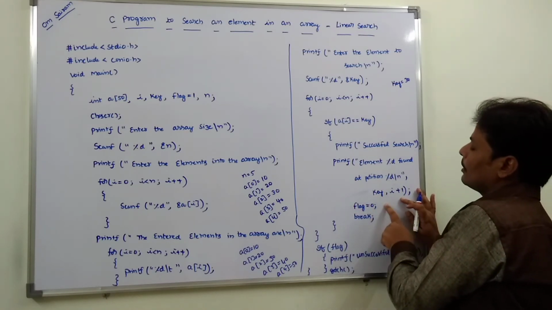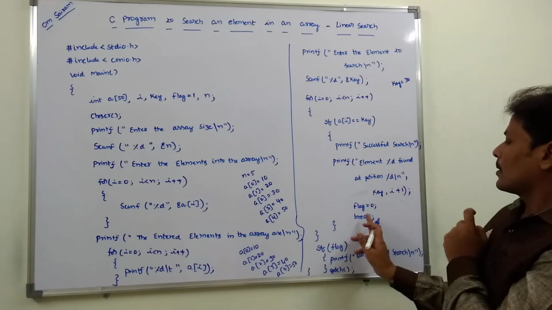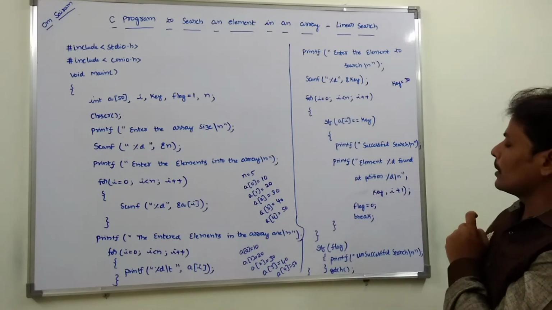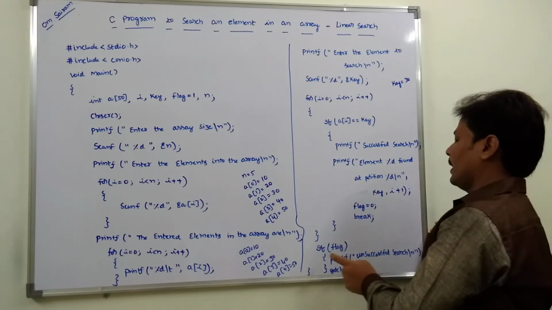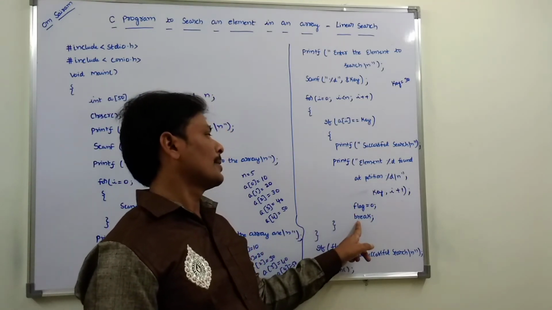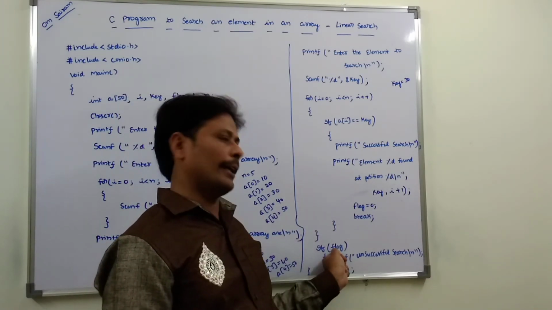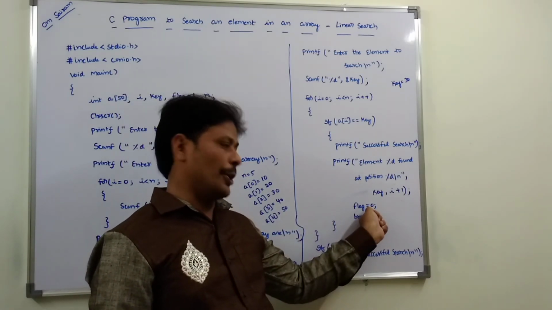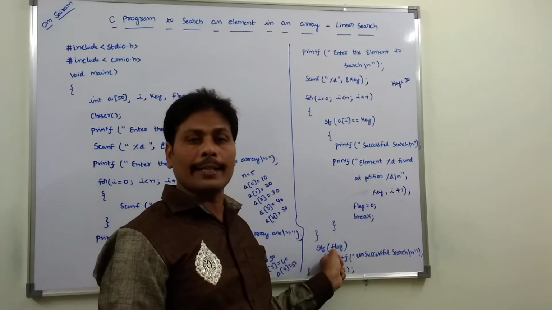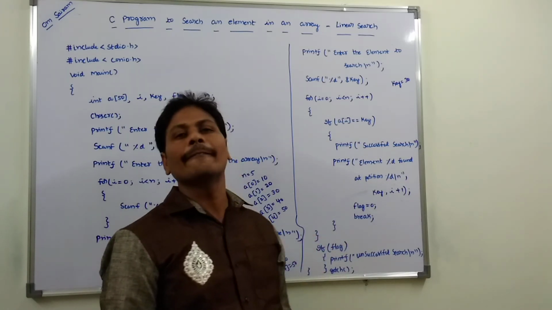Now flag is equal to 0, then break. So the control goes out of the for loop. Then if flag value is equal to 0, then break, so the control goes out of the loop. Here the flag value was equal to 1, which is true, but now the flag value is equal to 0, so the condition is false.